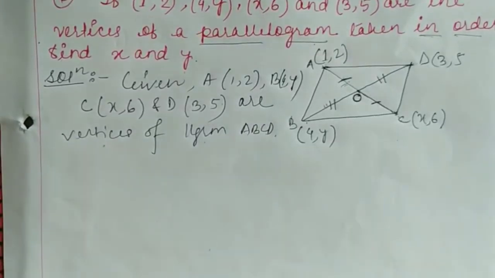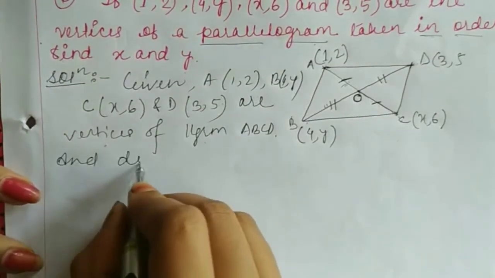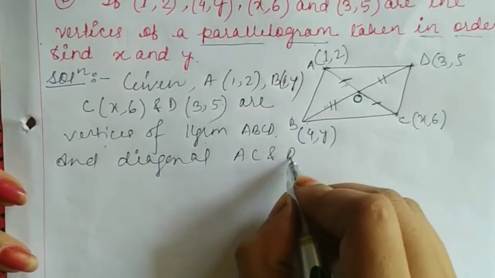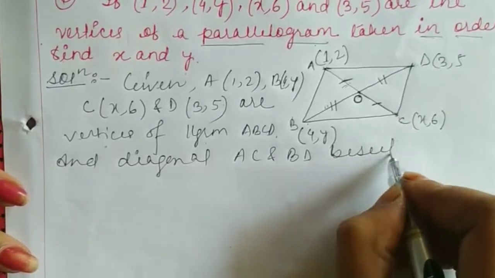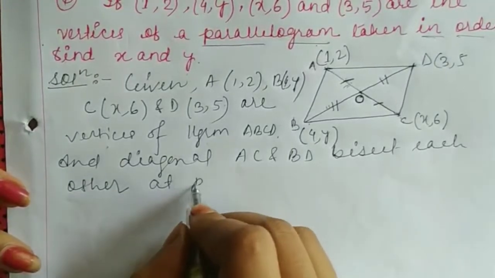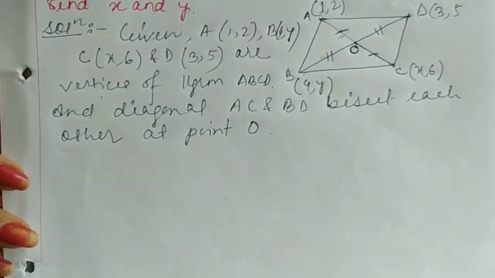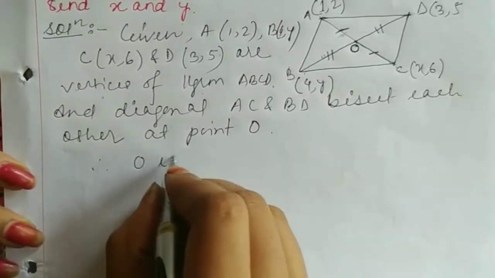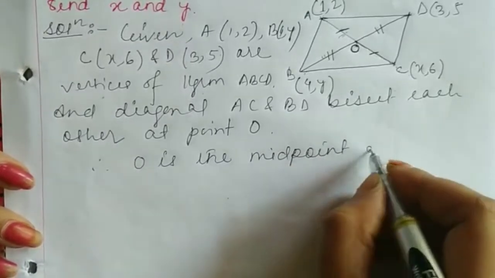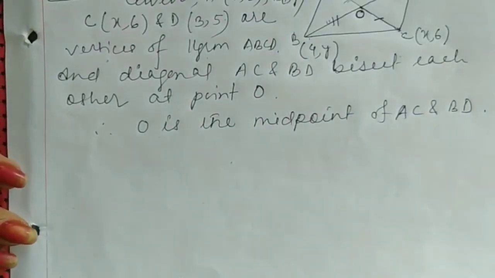So the diagonals AC and BD bisect each other at point O. Therefore, O is the midpoint of AC and BD.